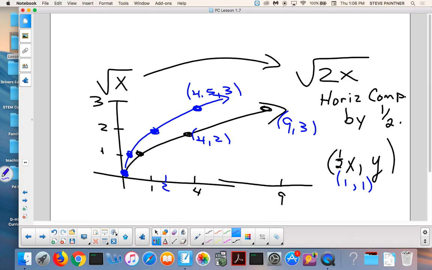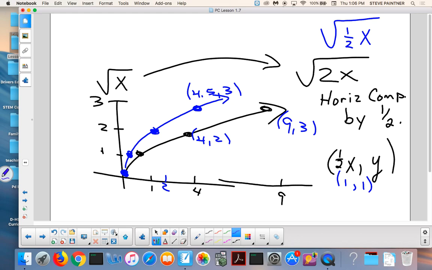So what does a stretch look like? You grab the black points and do what? Pull them away. So if I gave you a stretch, it would have to be what? Give me something. 1/2. Okay. You just gave me a number less than 1. Seems like a compression, but it's not.